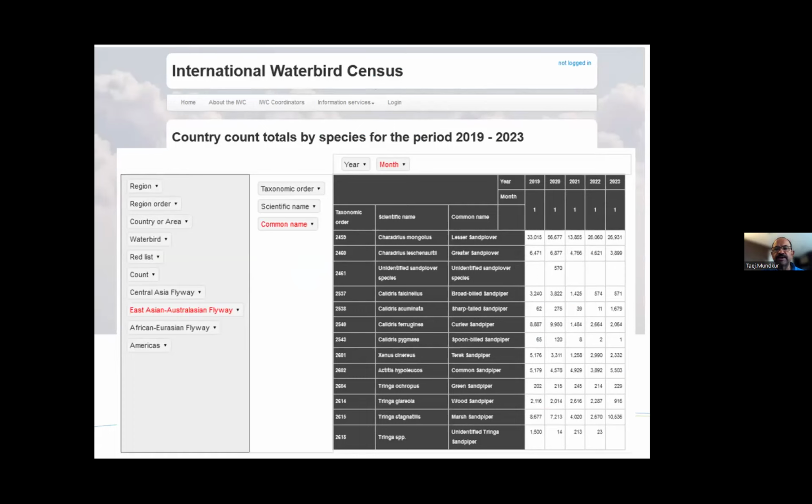I'm showing you here a set of shorebirds, and these are counts that default to the month of January, but you can choose any month you'd like to see, and you can choose different populations or species, different flyways. This is focused just on the East Asian Australasian Flyway, which should be of most interest to the participants on this call.